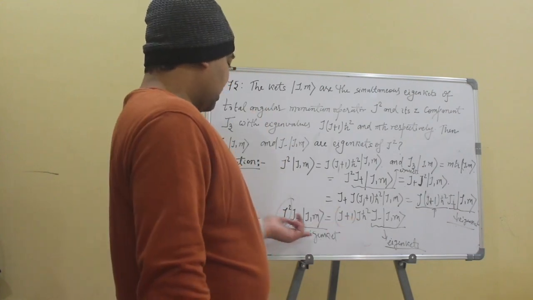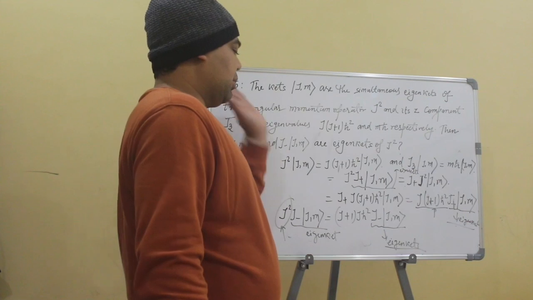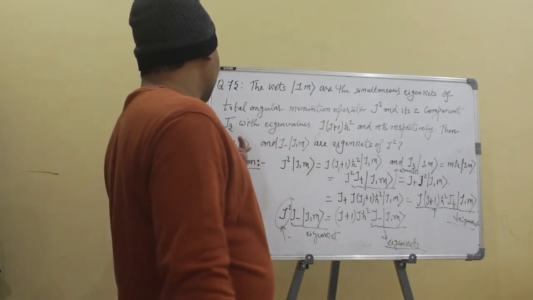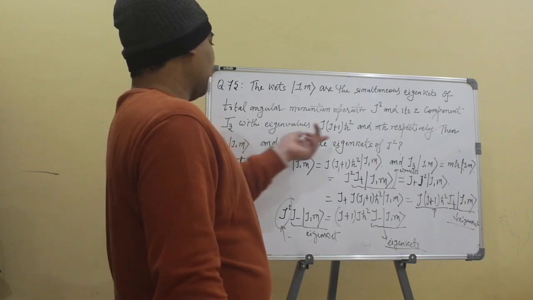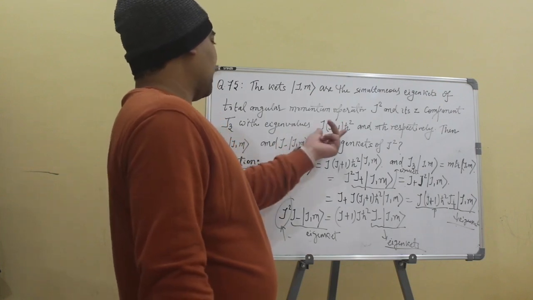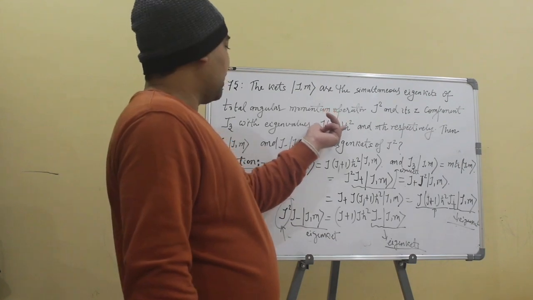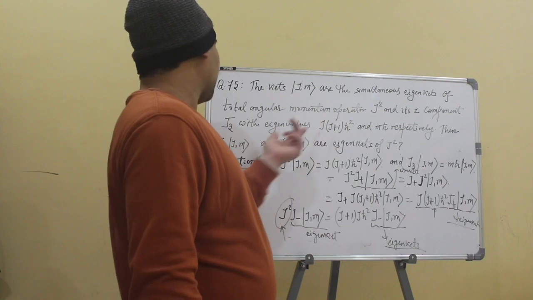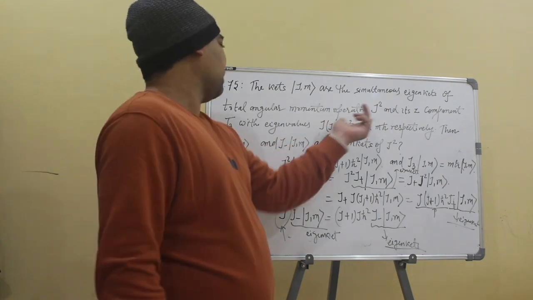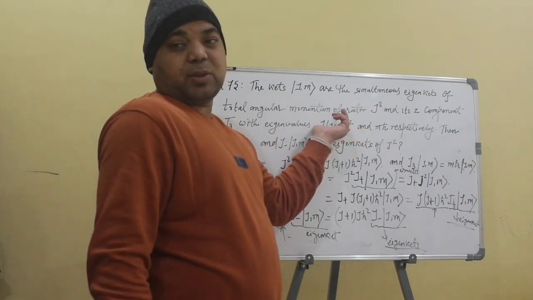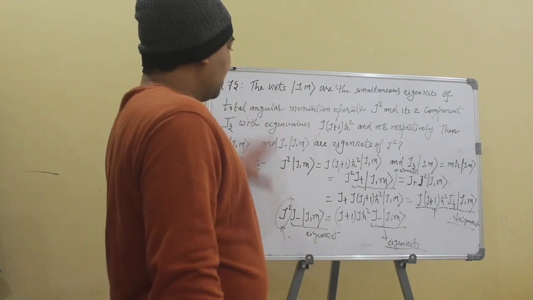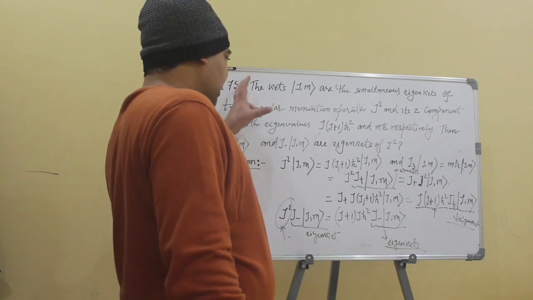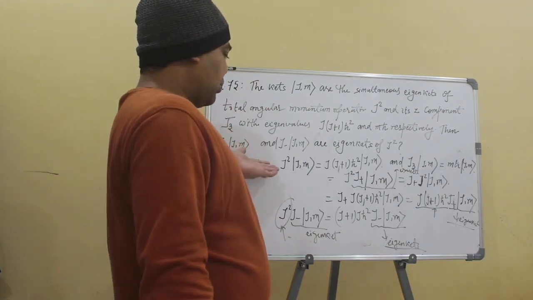So using that theorem, we have just proved that J plus and J minus act as eigenkets of J square with eigenvalue j(j+1)ħ². Right? This is a very significant problem, and particularly important.